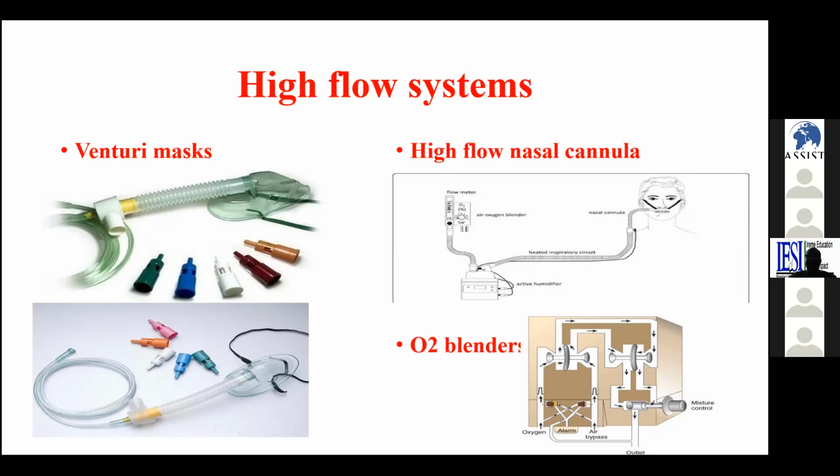Another one is the Venturi mask. This Venturi mask is probably not available in DH, but later on we will see how to use it. Another one is the oxygen blender. The blender is a machine that mixes air, and we will see it in the case later. So continue. Next.